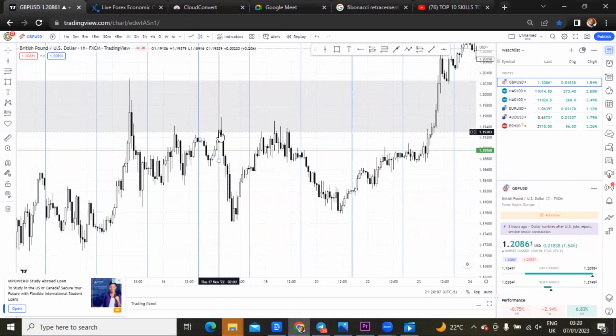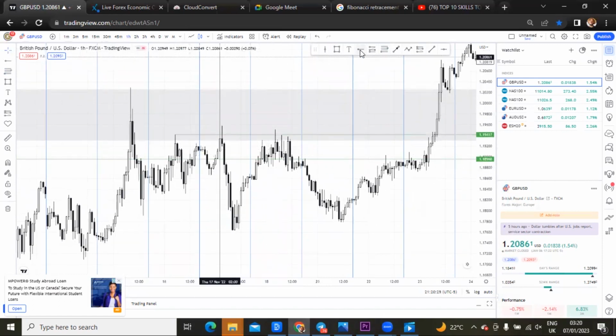We can't make use of any fib at this level because price is clearly consolidating. So in a level like this, you just have to mark your liquidity point, like the buy side here on the 1 hour. And when you mark it, you know that if price does not run this high and drop, the next high price is going to run is this. So you work with probabilities.